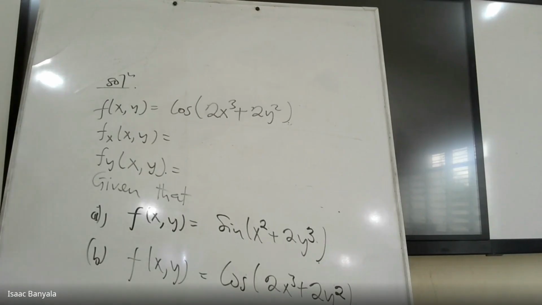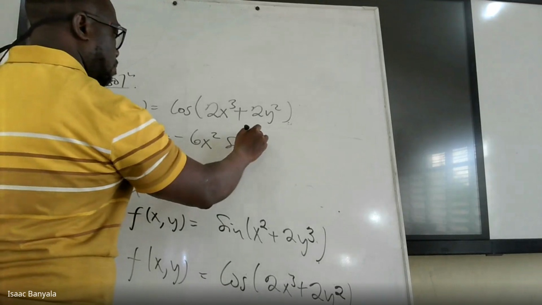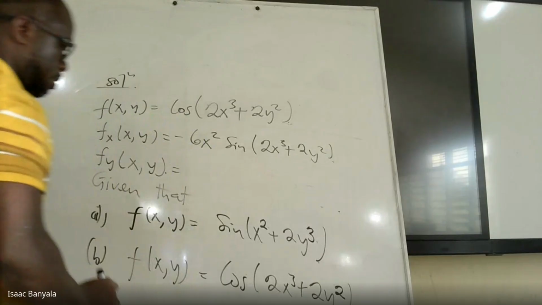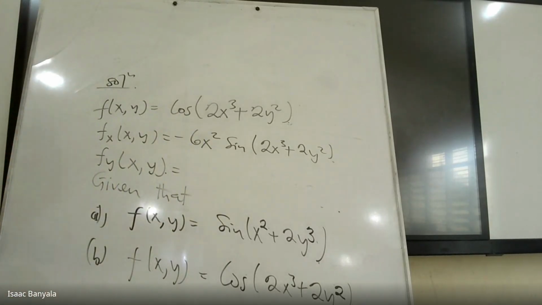The first one, what will the answer be? The first one is negative 6x squared sine of (2x cubed plus 2y squared).